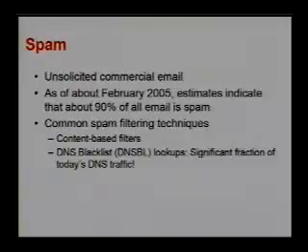Of course, the predominant network level property that people use today to filter spam is IP address, and many of you who use Spam Assassin know that one of the checks that it performs is a DNS-based blacklist lookup in one or more blacklists.